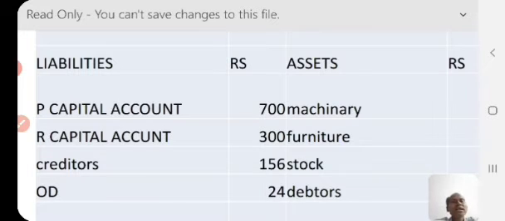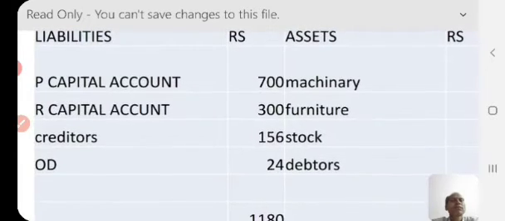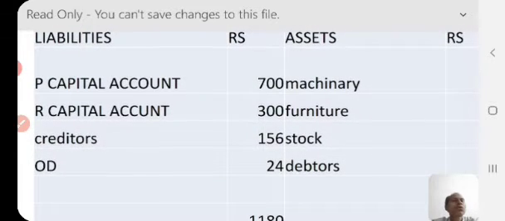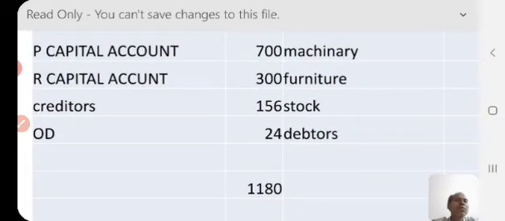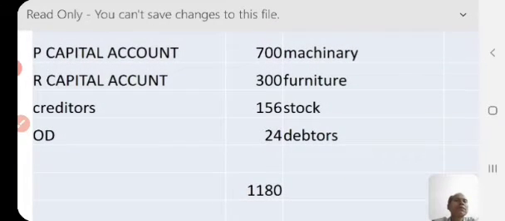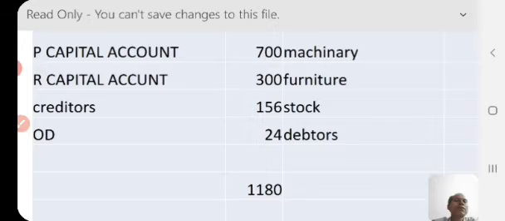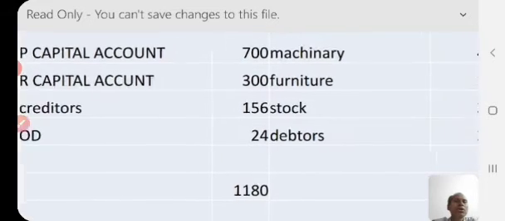Is there any change in creditors? See carefully. No change. Any change in overdraft? No change.